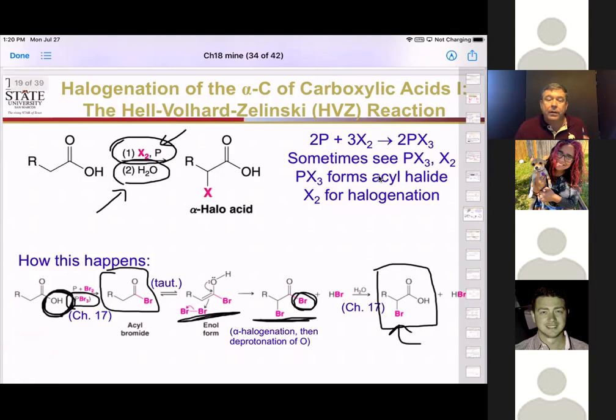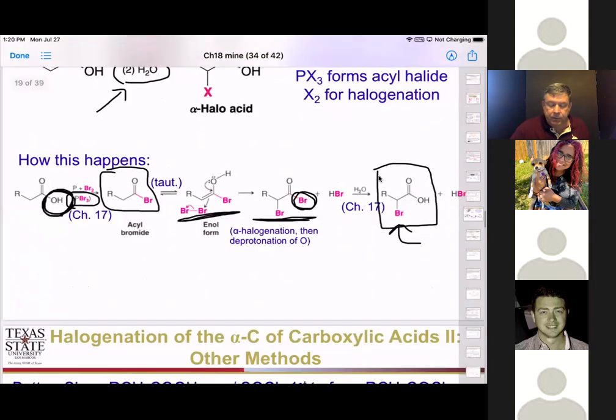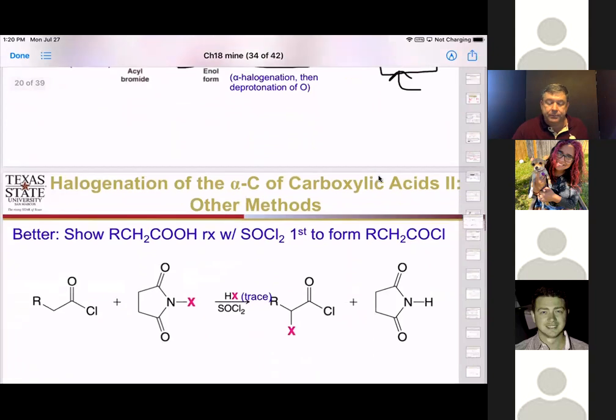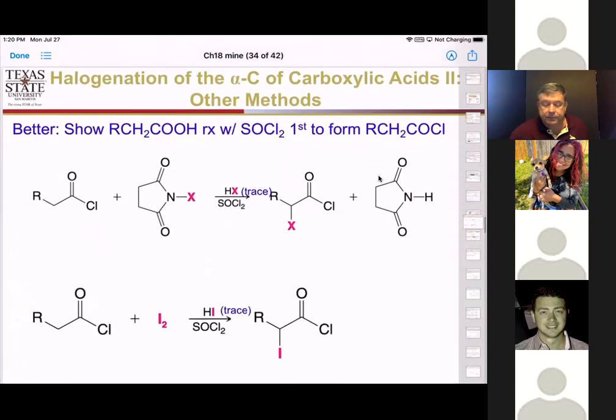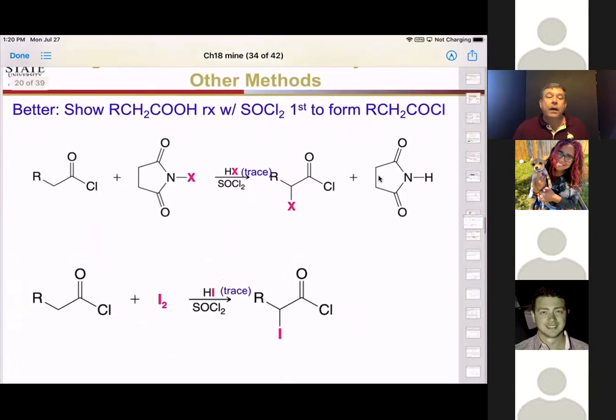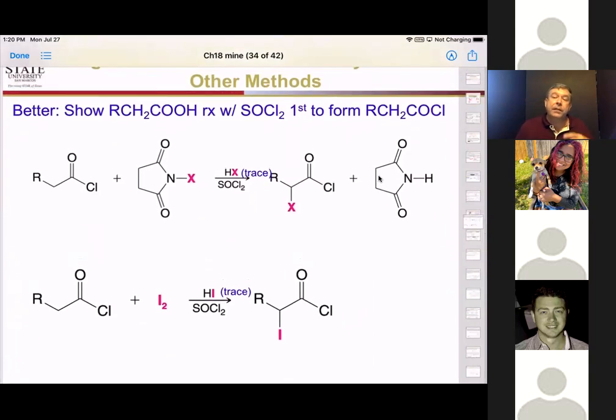Okay, so what can you do with this once you form it? Well, you can make a wide variety of other things. And actually, I'm going to show you how to do it with a different reagent. Okay, sorry. So another way to do it, instead of using bromine by itself, we can actually use what we call NBS, or this is N-halosuccinimide, okay?